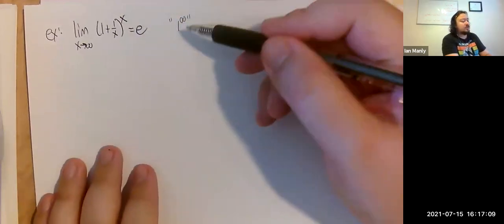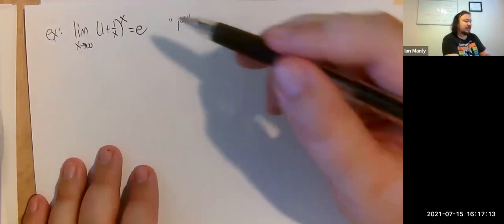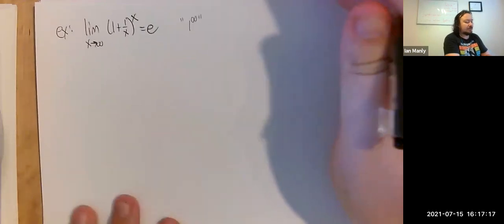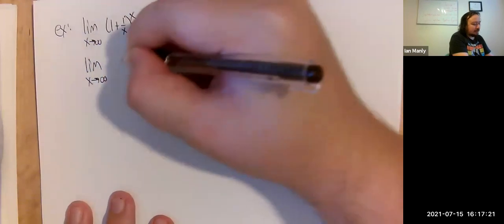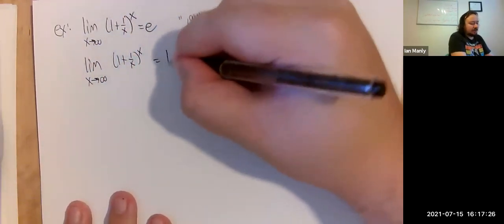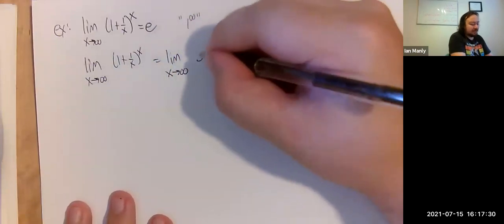All right, now the way we deal with this and the other 2 exponential indeterminate forms, infinity to the 0 and 0 to the 0, is we use exponentiation. Okay, so what's that? So we start with our limit here, and what I'm going to do is going to look kind of bizarre, but it's really going to help out in a minute.